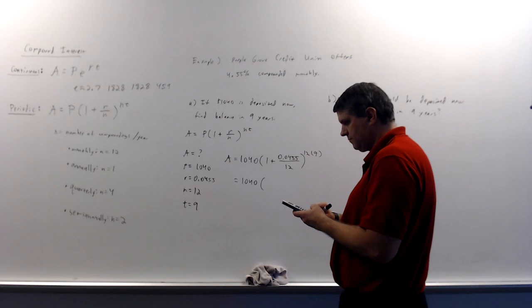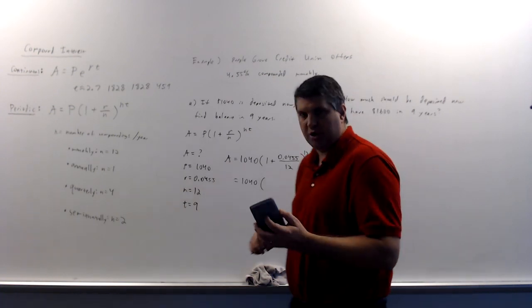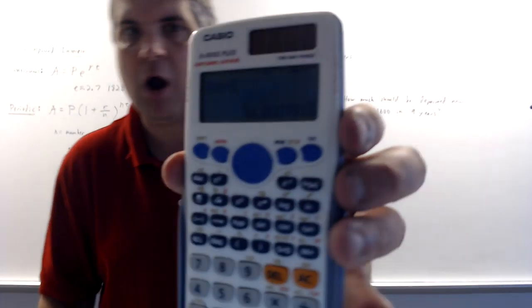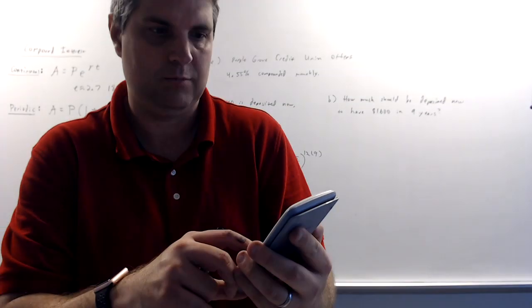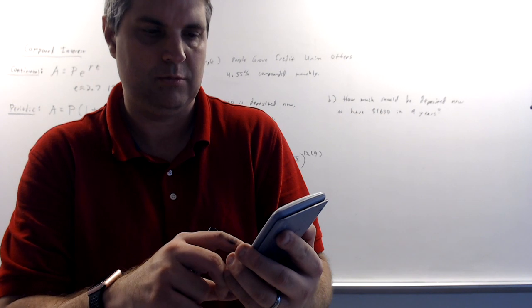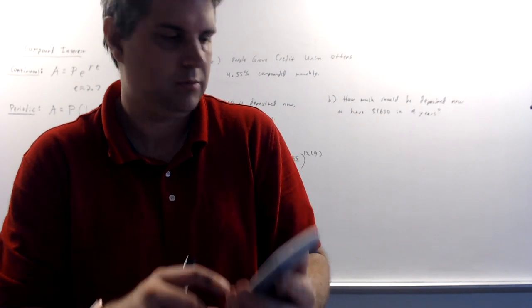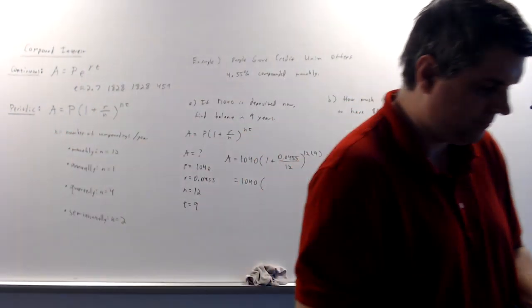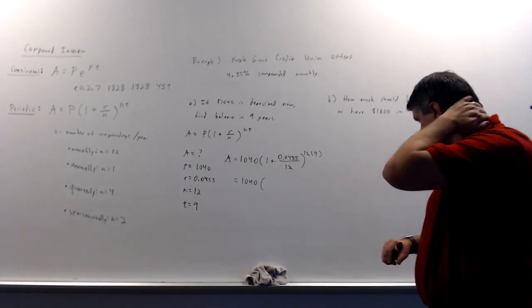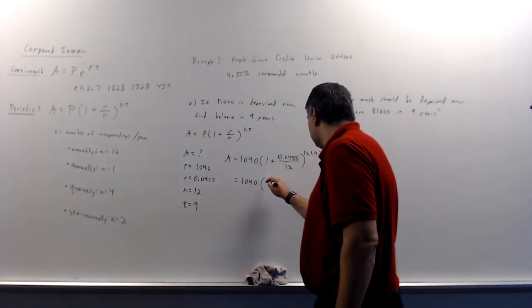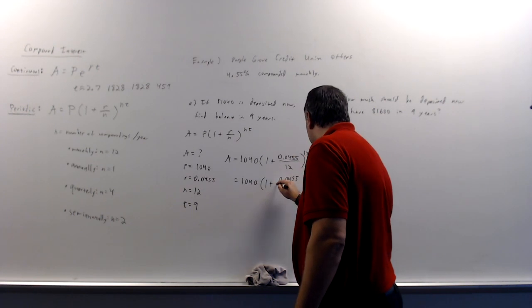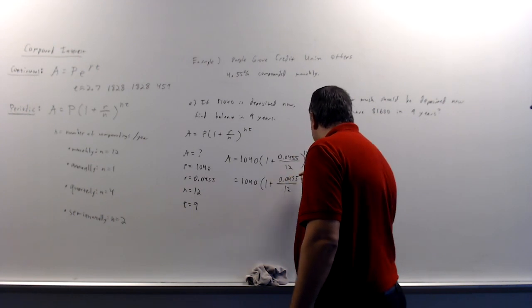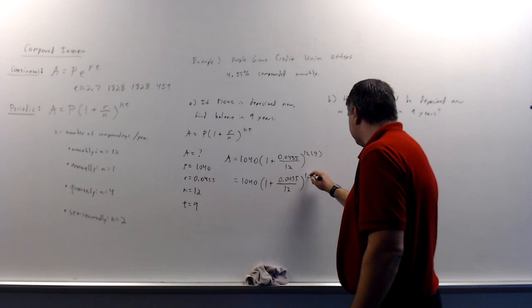And as you can see, there's a bar on top of my 6 that tells me it repeats forever. So that doesn't divide cleanly. So I'm going to leave it as is.